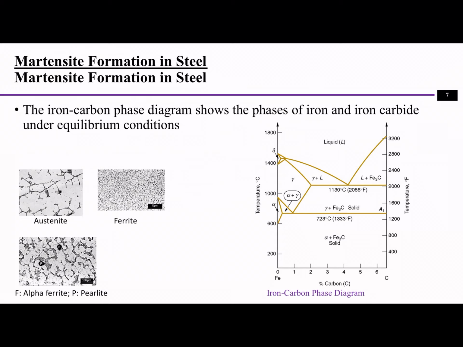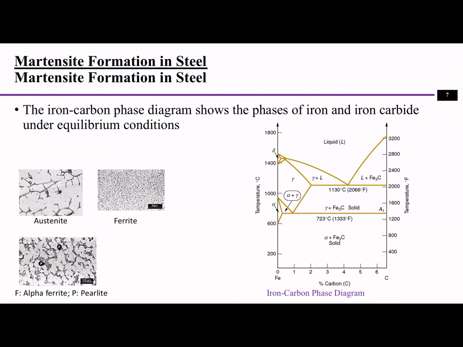This is the phase diagram, as we have seen before. It is the iron and carbon phase diagram, and it basically shows the phases of iron and iron carbide under equilibrium conditions.